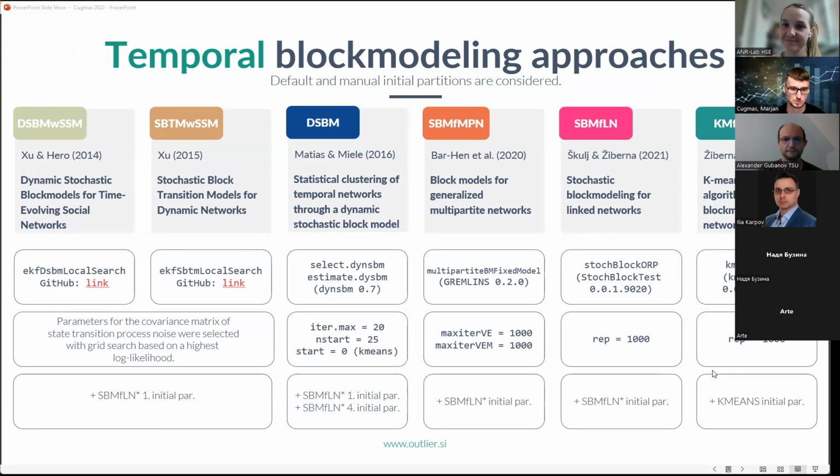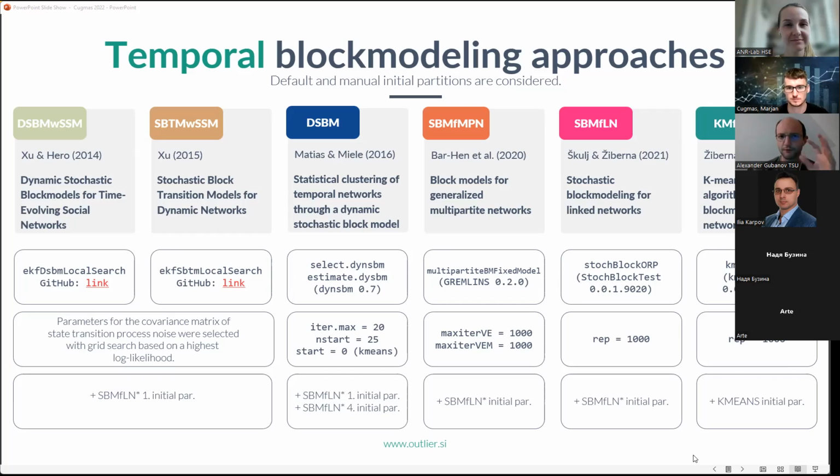Yeah, but it's true. For example, these two are quite time consuming, especially with large networks. And while these two, I'm not sure about Bargen, but I think that also this one and these two are faster compared to the one proposed by Žiberna and Škul. Which means that if you have very large networks, you would not have enough time to estimate them. Very large means, I don't know, 500.